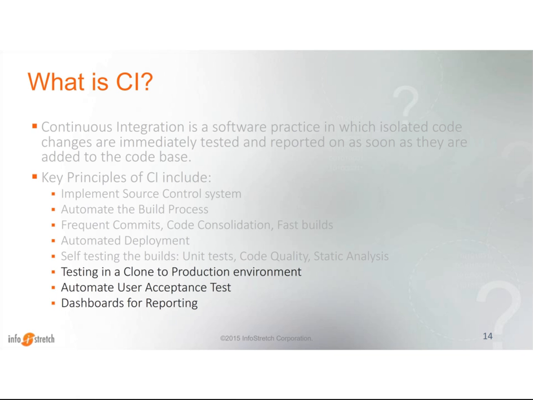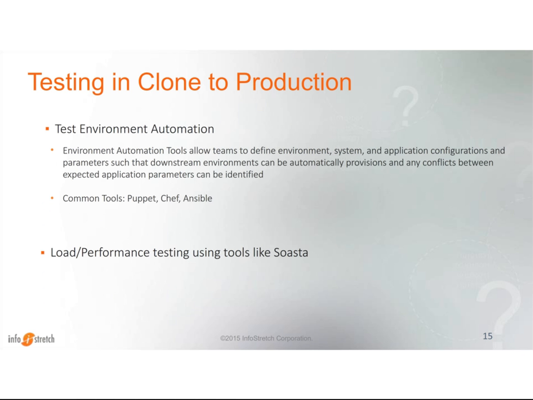Then the last and the most important part of CI for mobile apps testing is testing in a clone of the production environment, automating the user acceptance test, and getting a very important reporting structure or dashboards out of my CI tool.